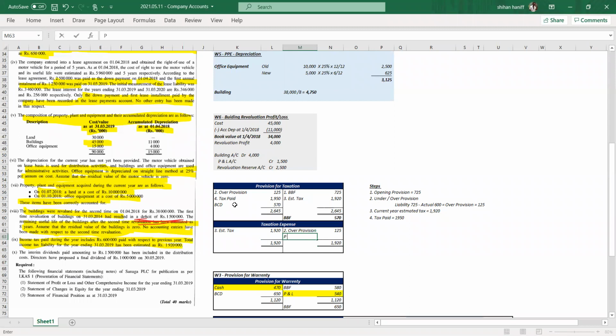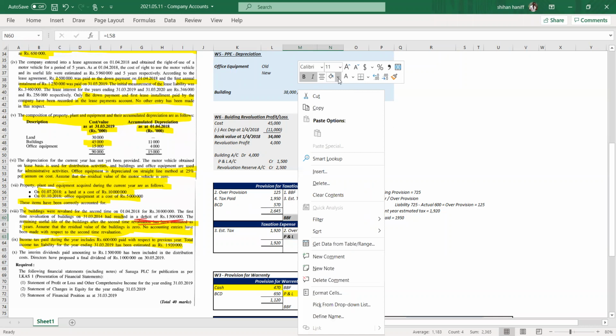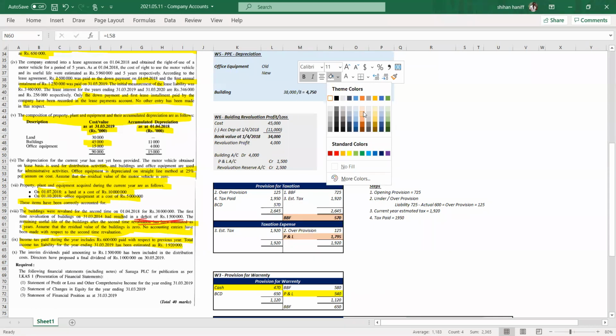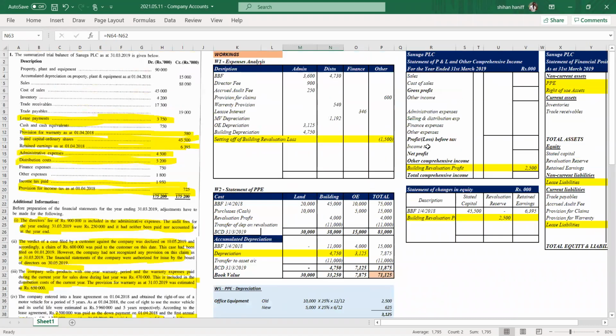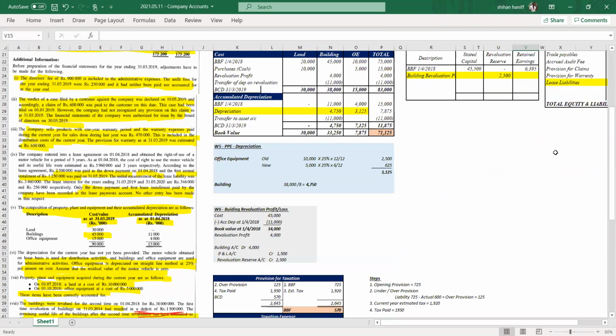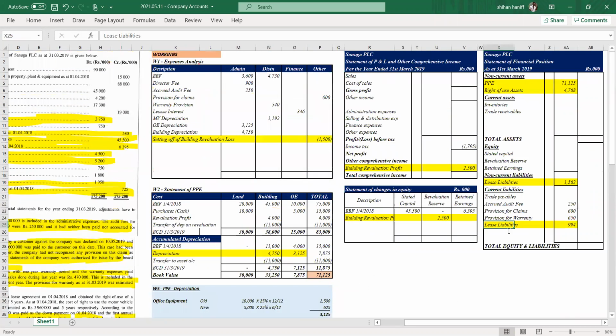The difference in this account is transferred to the profit and loss account as the expense. So these are the two amounts that we need. Profit and loss, income tax 1,795. And the liability, tax payable, 570.